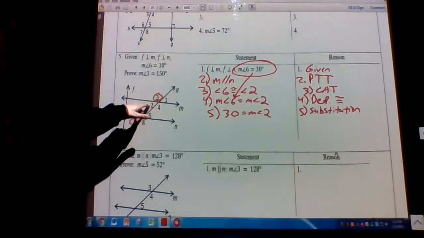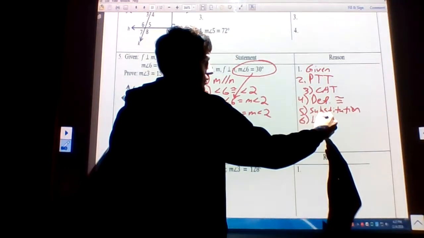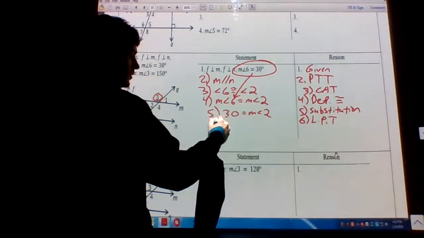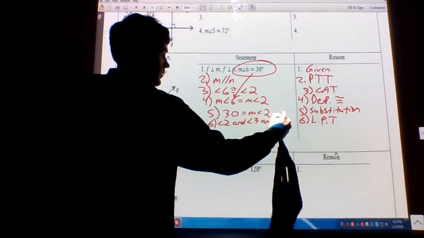And then we know angle 2 and 3 are a linear pair, so we can use the linear pair theorem. That tells us angle 2 and angle 3 are supplementary.